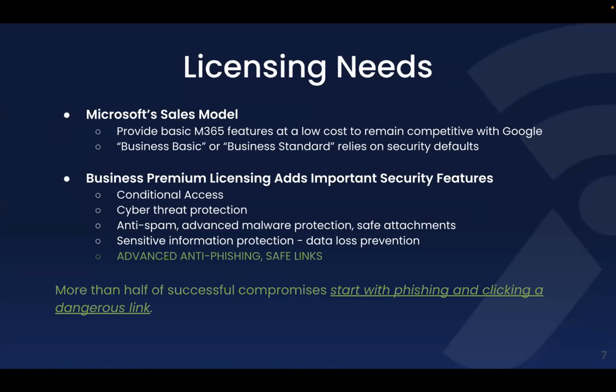Conditional access is one, cyber threat protection, anti-spam, advanced malware, safe attachments, DLP or data loss prevention through sensitive information protection. And the number one on the list, which is why it's in all caps and green here, is advanced anti-phishing and safe links.